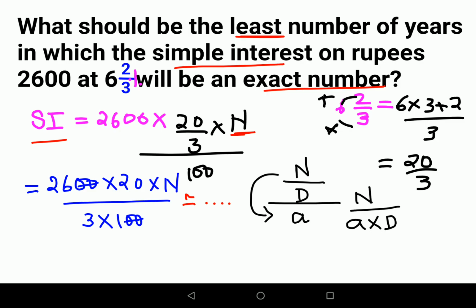So for you to get the answer as a proper number, we need to make sure that the value of n comes out to be 3 or multiples of 3. But since they have told us the least number, the least value of n should be just 3. I hope this is very clear to everyone.